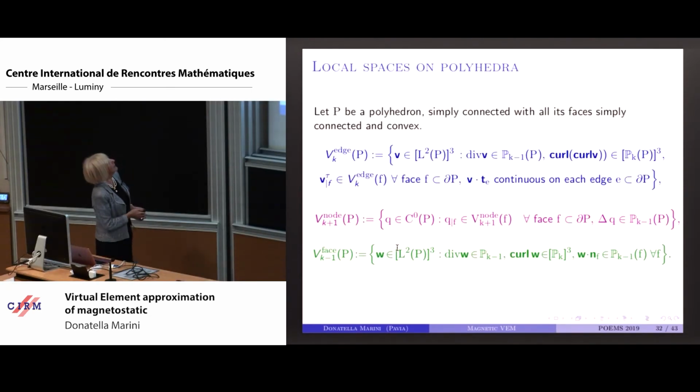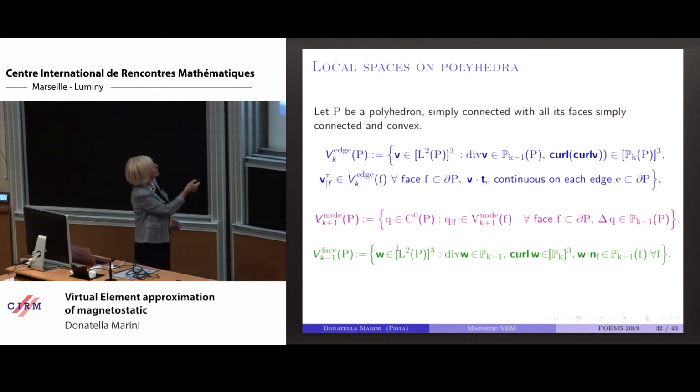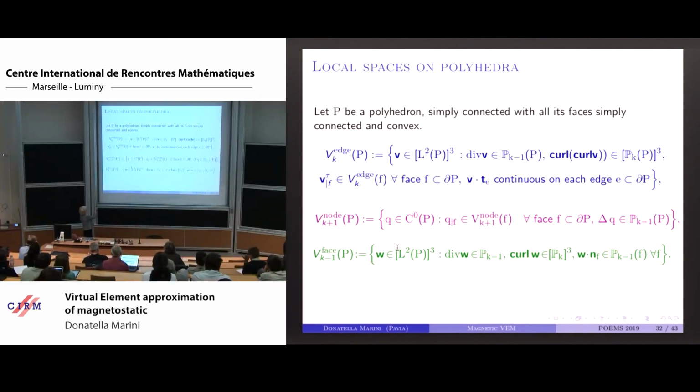Now, the local spaces on the polyhedra. We have an edge space, which is made of vectors which have the tangential component on each face belonging to the edge space, as before. V dot t continuous on the edges, divergence of degree k minus 1, curl P_k, similar to what we had before.